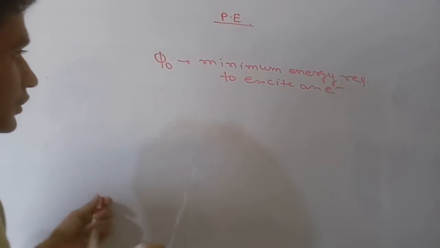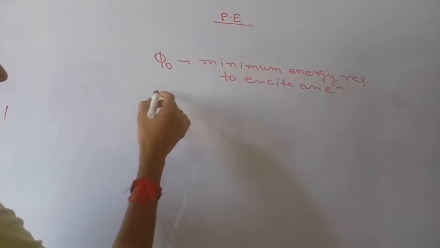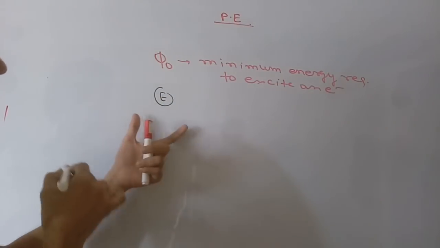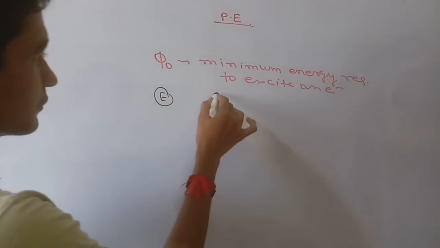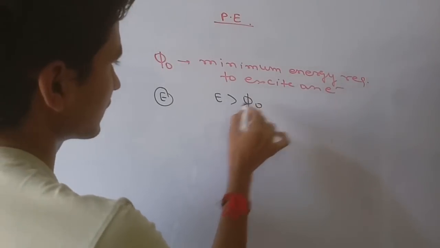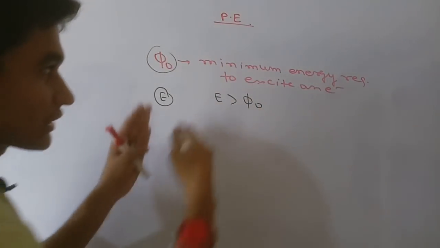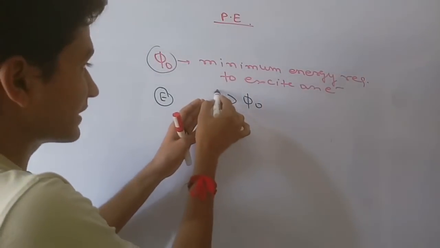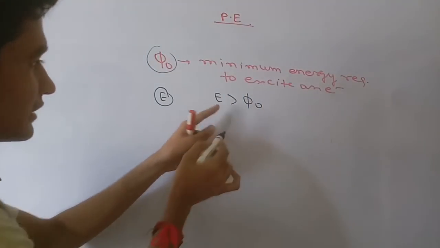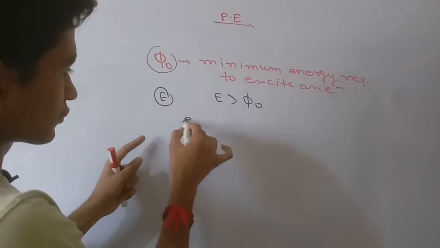Clear? Now you are giving energy that is known as E. You are giving E energy, which is greater than phi naught. Then I have told you this energy is used to excite an electron from the metal surface, but you are giving extra energy because E is greater than phi naught.